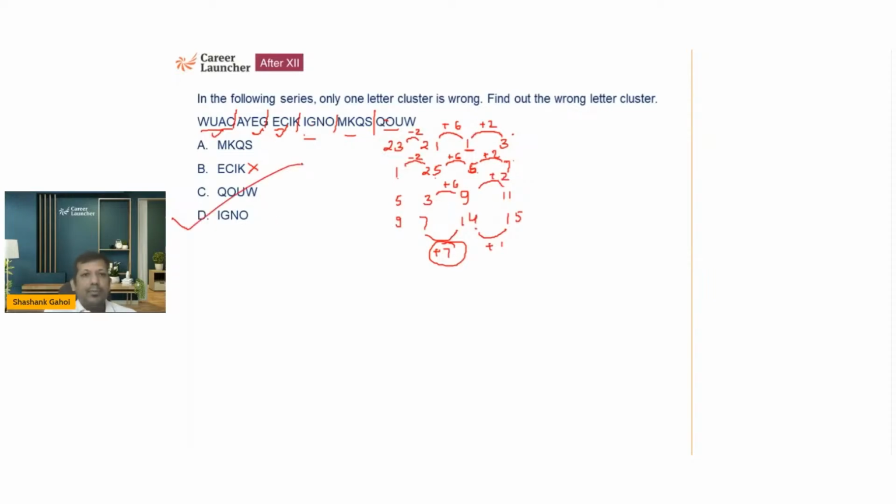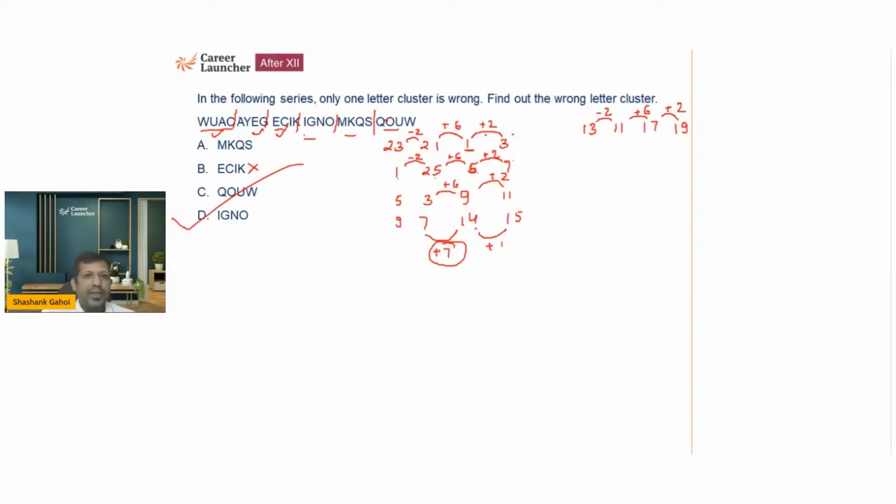If we want, we can also check the remaining two options, but generally it's not needed. But let's try. So M is 13, K is 11, Q is 17, and S is 19. So decrement of 2, increment of 6, increment of 2.